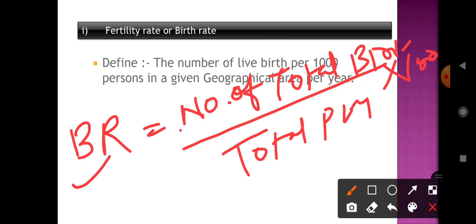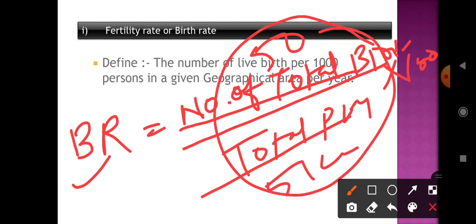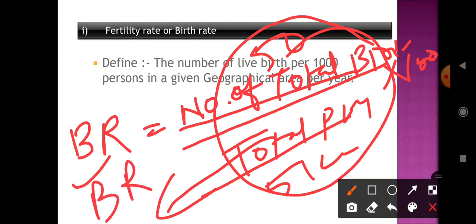Birth rate is equal to the total number of births divided by total population, multiplied by 100. Just like if in a particular area 50 people are born, and the total population is maybe 5 lakh, we multiply by 100 and do the calculation. Then we get the birth rate. It means in a particular year, or per day or per month, how many people are born. By this formula we can get the exact data.